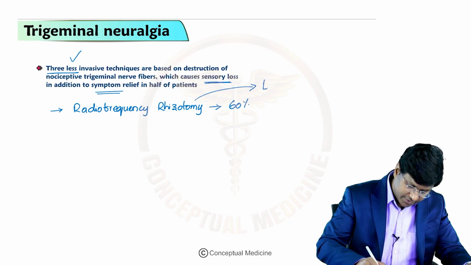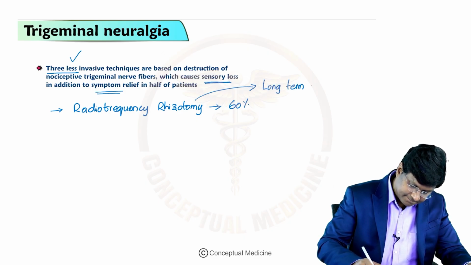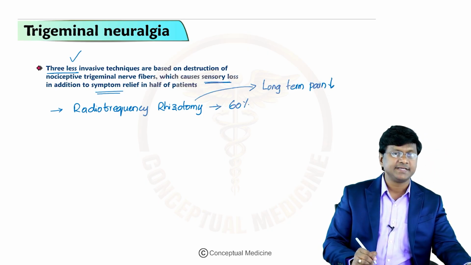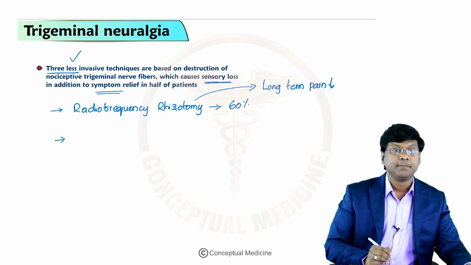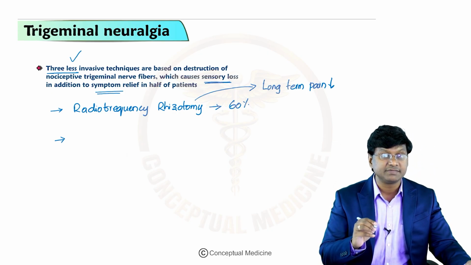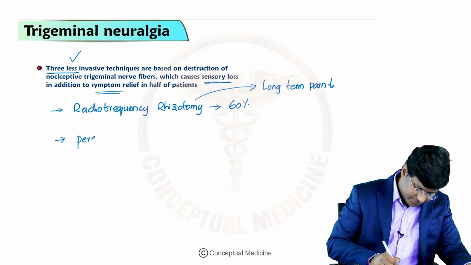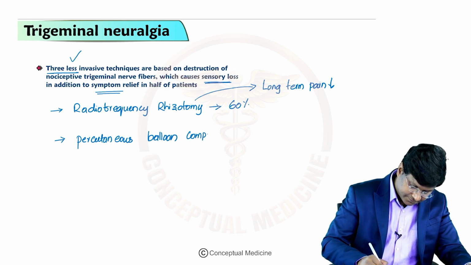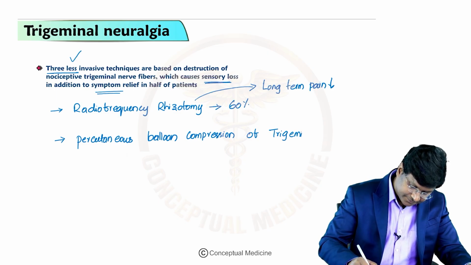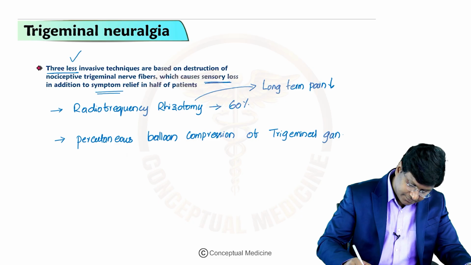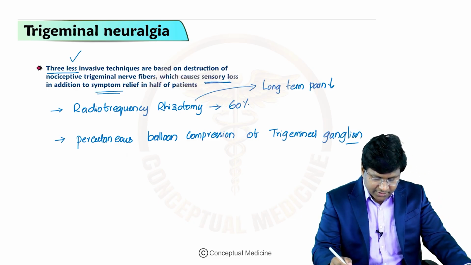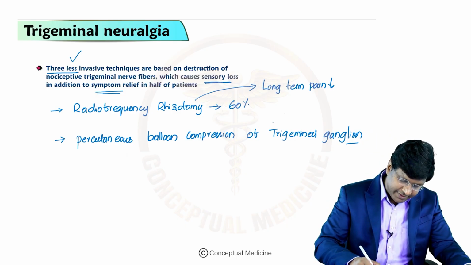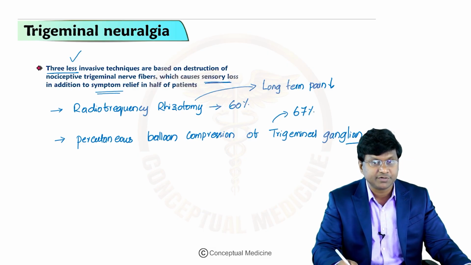The second is percutaneous balloon compression of the trigeminal ganglion, which will cause pain relief in almost 67% of patients.